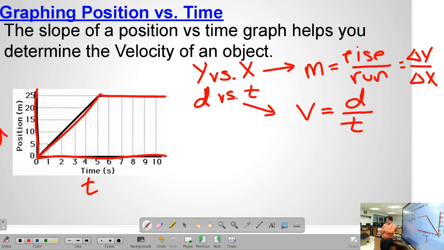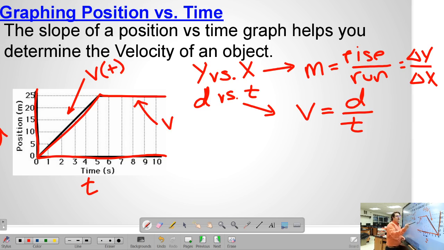For the sake of time, I'm not going to go through examples. I want you to be comfortable with, and I think a large majority of you are, positive, negative, and zero slope. So what we could say is that right here, the velocity is positive because the slope is positive.